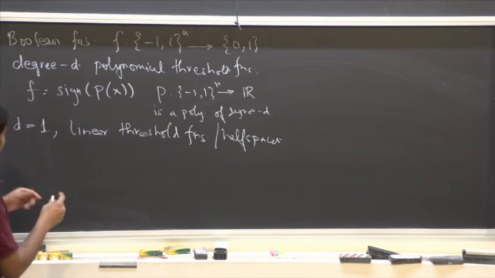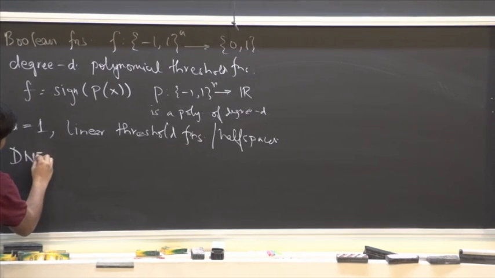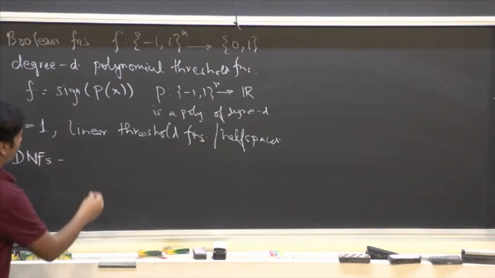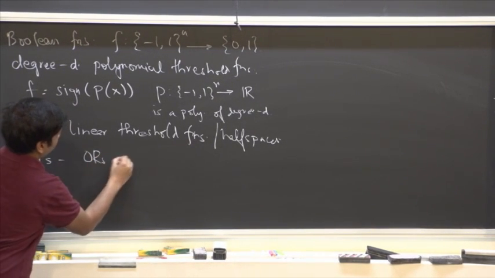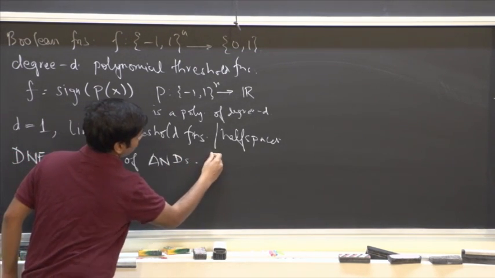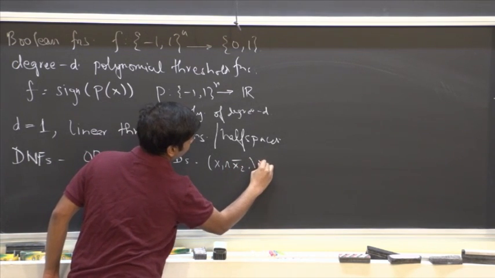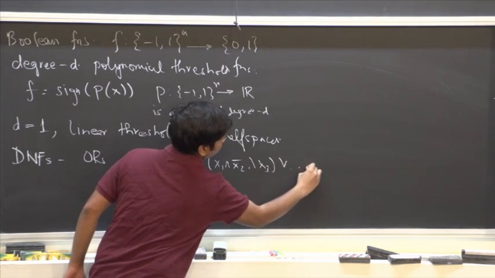Apart from this, we'll consider DNFs, which are just ORs of ANDs, something like x1 and x2 bar and x3, or something like this.